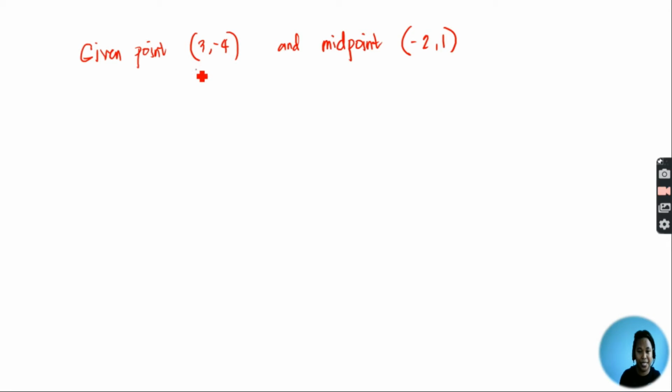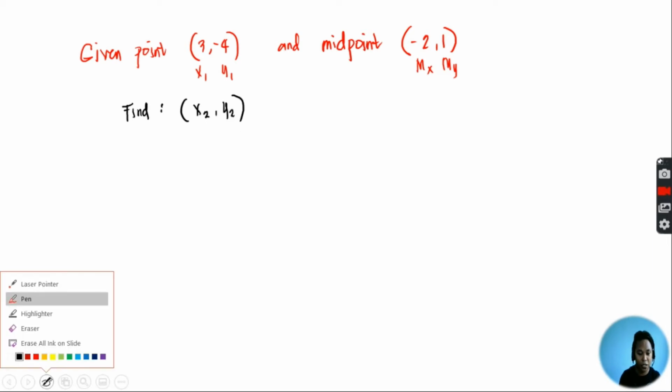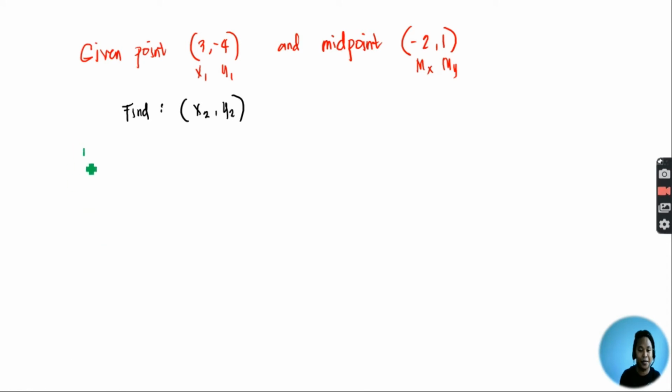So the given point is x sub 1, y sub 1, and for our midpoint, m sub x, m sub y. And we are looking for the coordinates of the other endpoint, x sub 2, y sub 2. So we're going to use the midpoint formula.